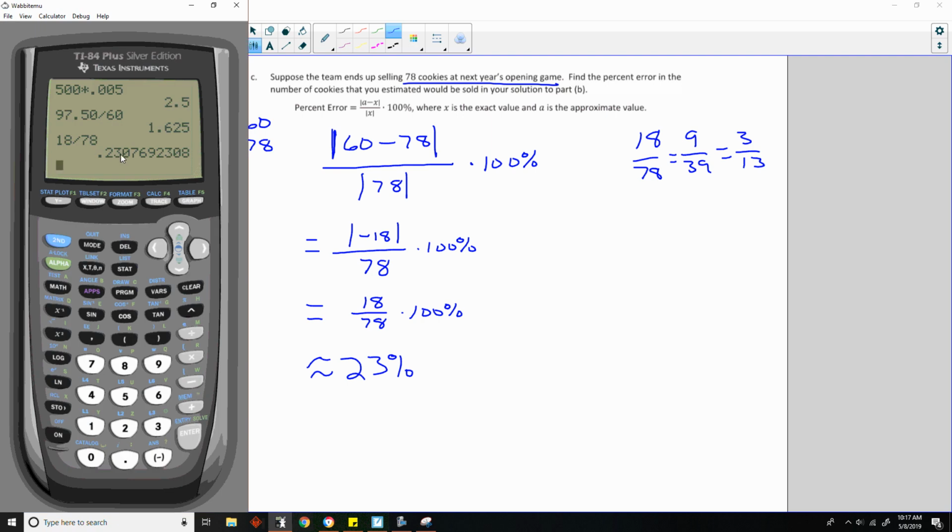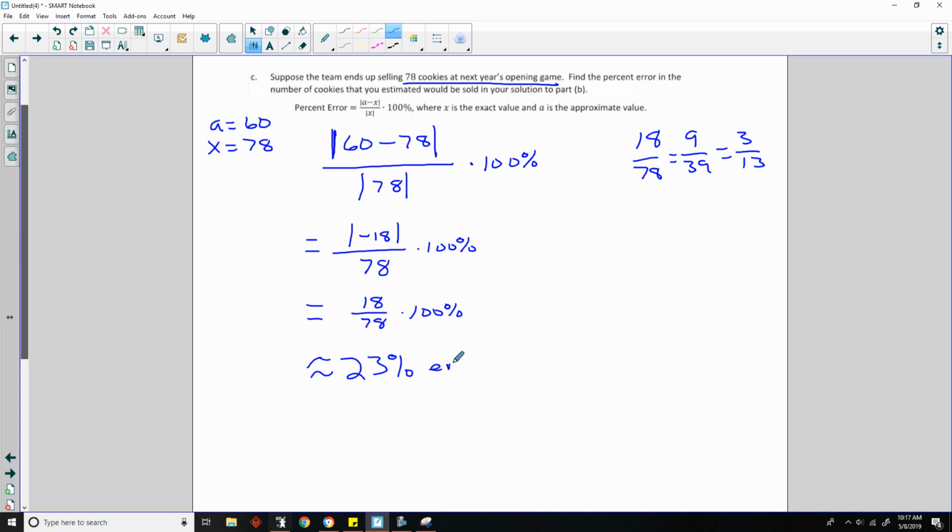Okay, so 0.23 times 100% moves the decimal 2 places to the right, and it's 23%. So there was about a 23% error in our estimate for the number of cookies sold.